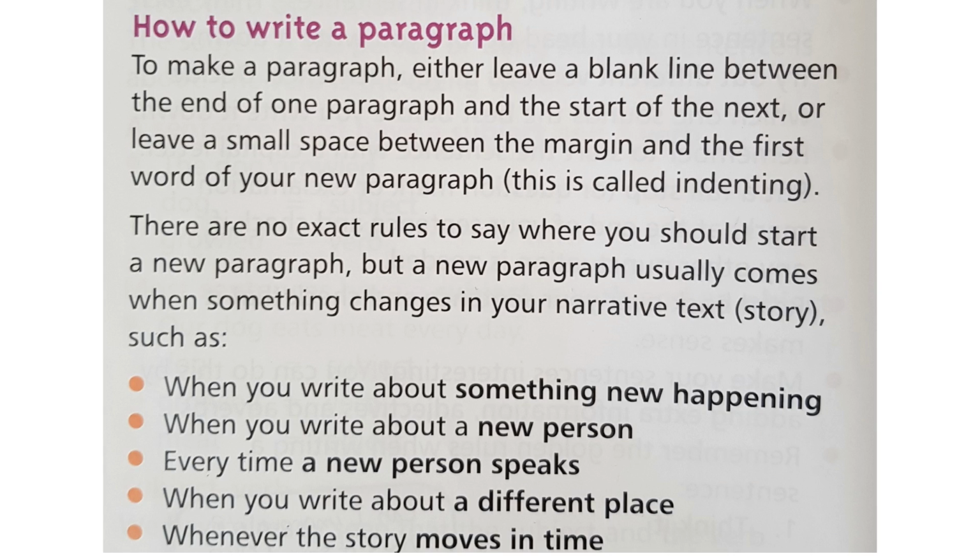We indent. Indenting is where we skip two finger spaces at the start of the paragraph. So we put our two fingers down next to the margin, and that gap is called an indent. That indent shows the reader that this is the start of a new paragraph.